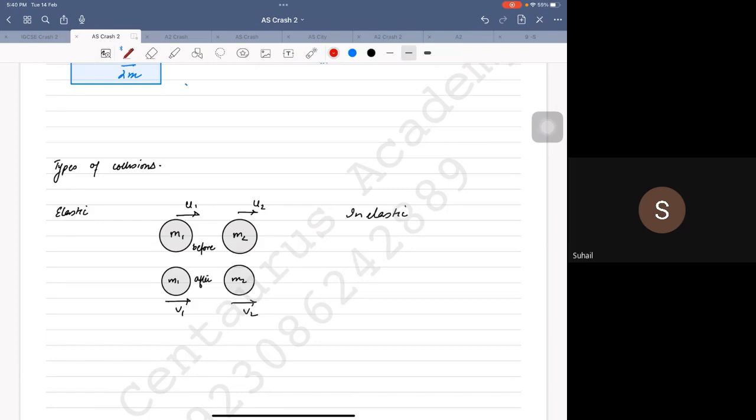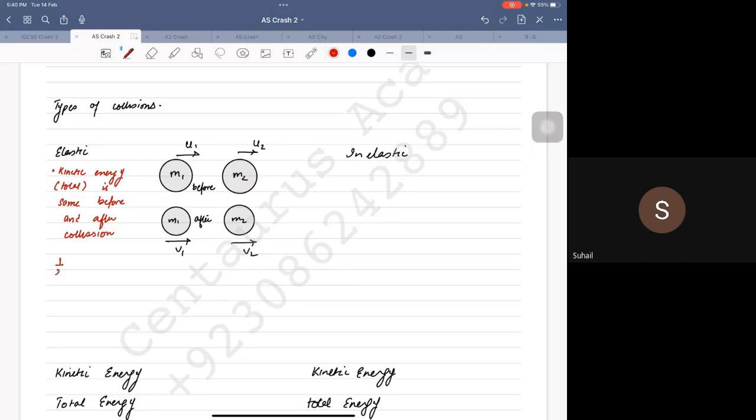Elastic collision means that the kinetic energy, I'm talking about the total one, is the same before and after collision, which means in this case it would be half m1 u1 square plus half m2 u2 square should be equal to half m1 v1 square plus half m2 v2 square. All right, is that clear?